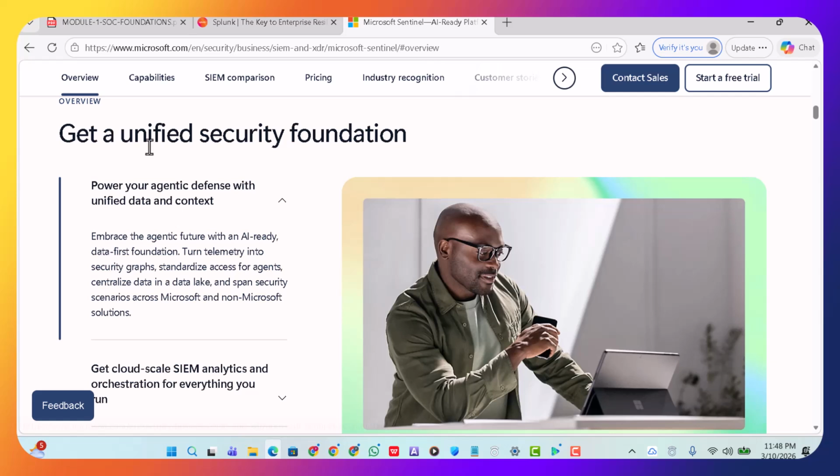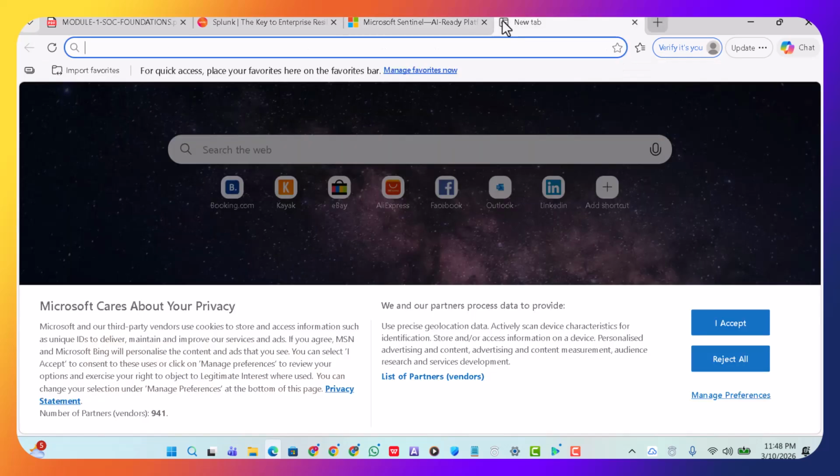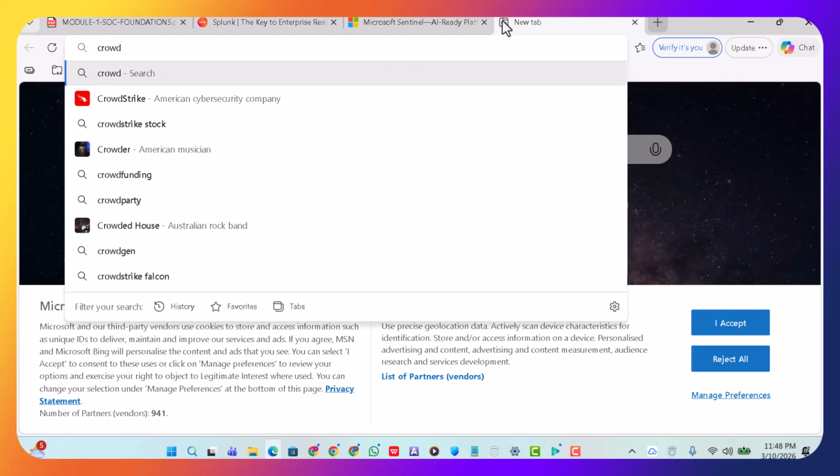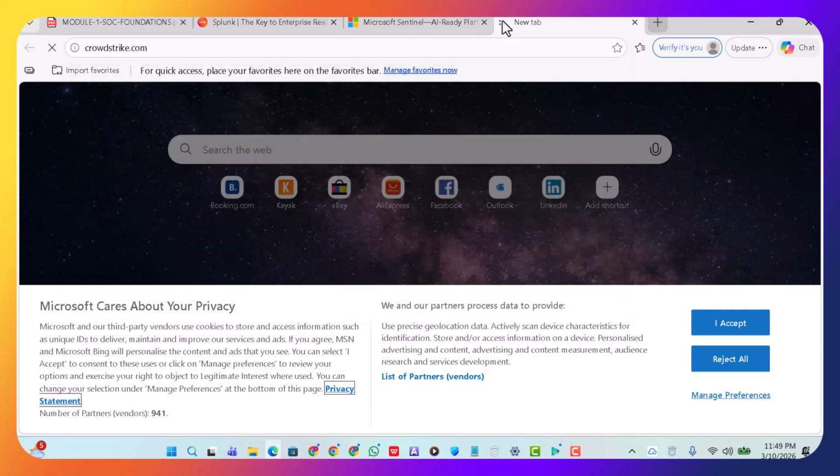Now, the third one I'd like you to check is CrowdStrike Falcon. And the website is simple, which is just crowdstrike.com. Now, what is this CrowdStrike platform?